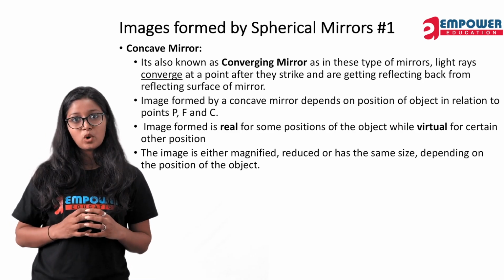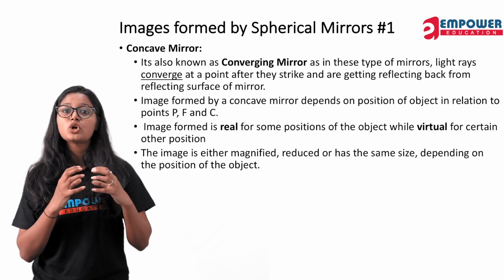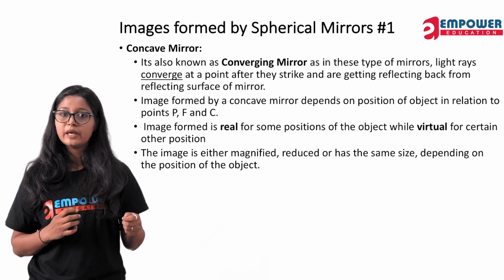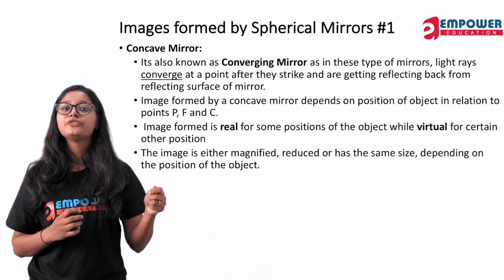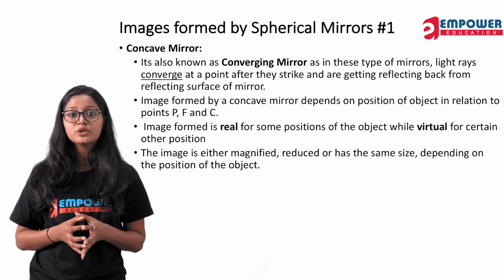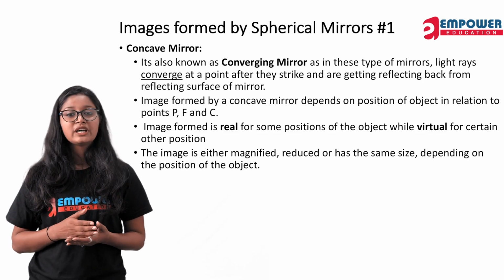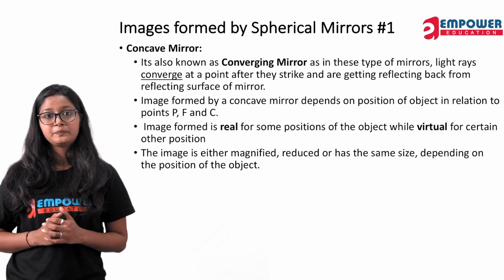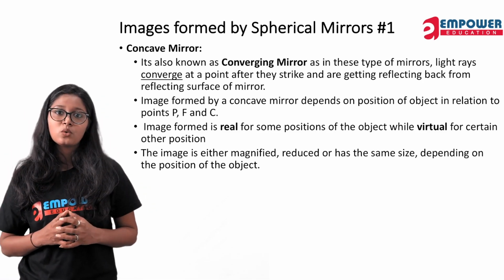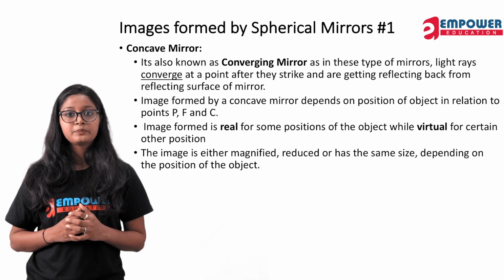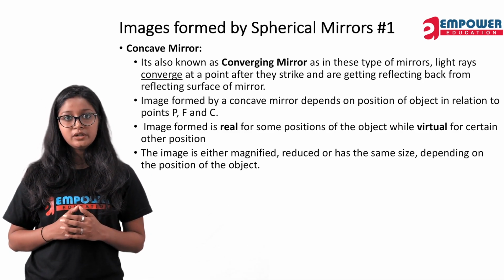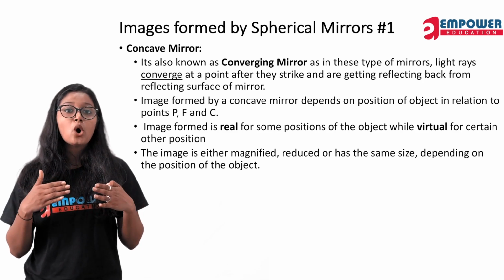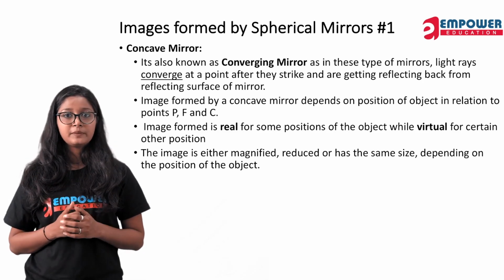Now this bright spot is actually the image of the sun that is formed on the paper. Now hold the paper in that position for a few minutes. What will you observe? You will observe that after some time, the paper will catch fire. Now why is that so? Why will the paper catch fire? Now what we are doing here, with the help of a concave mirror, is converging all the rays at one point.